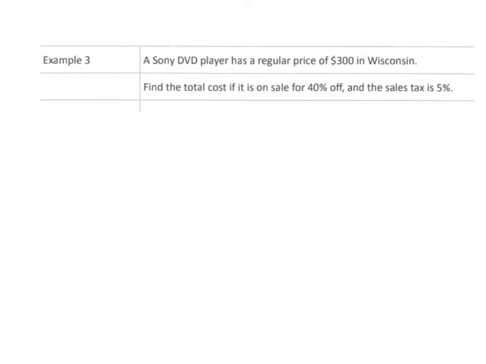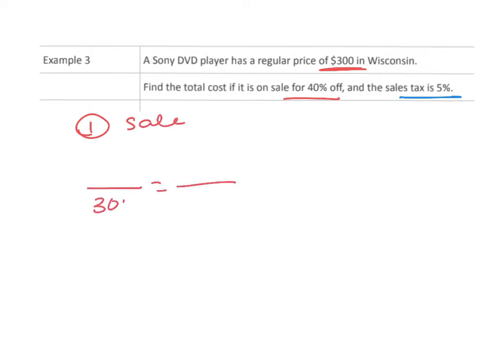So let's do one where we just have to find the final price. A Sony DVD player has a regular price of $300 in Wisconsin. Find the final total cost if it's on sale for 40% off, and then the sales tax is 5%. So let's find the sale price first, okay? Original price is $300. 40% off, that goes over $100.